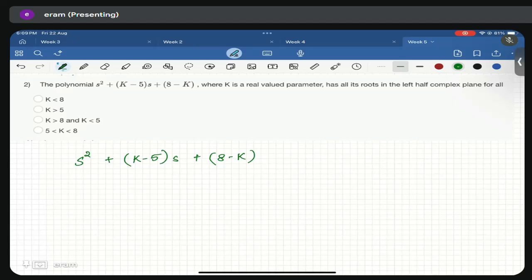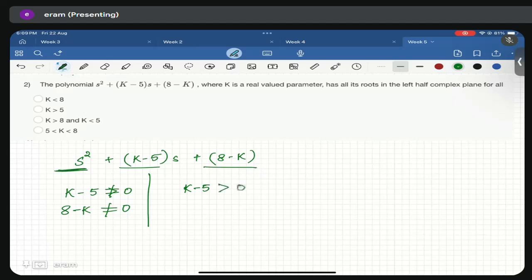So the first condition is k minus 5 should not be equal to 0, and 8 minus k should not be equal to 0. The second condition: the coefficient of s square is 1, so in order to have no sign change, all the coefficients should be positive.